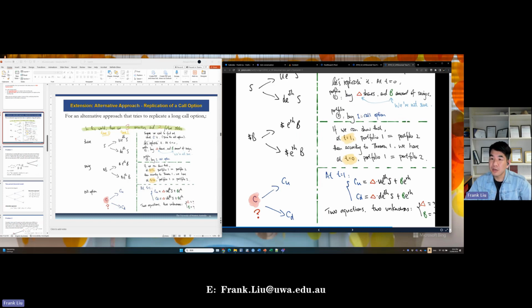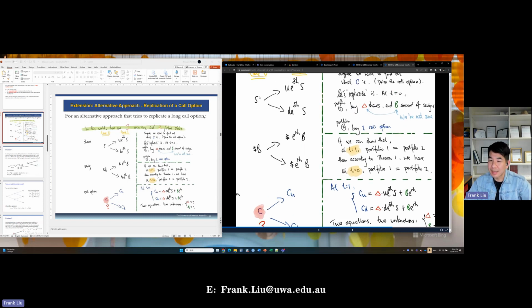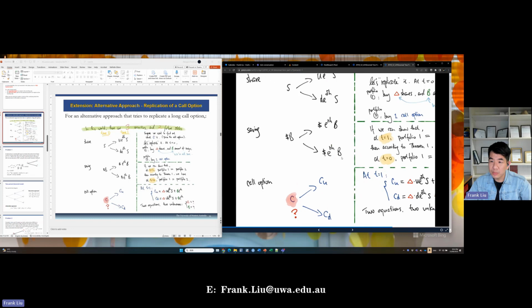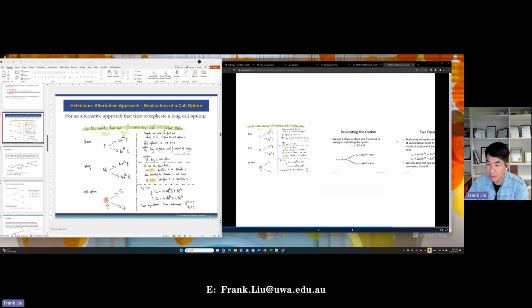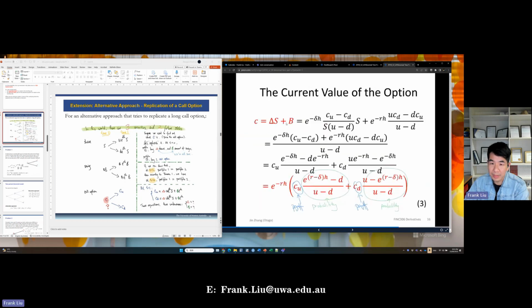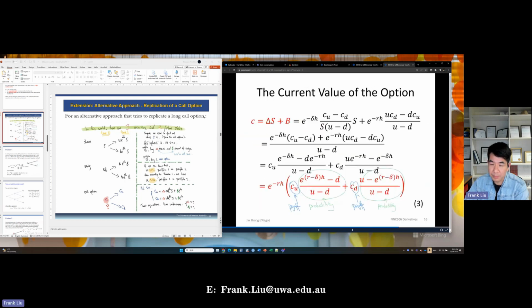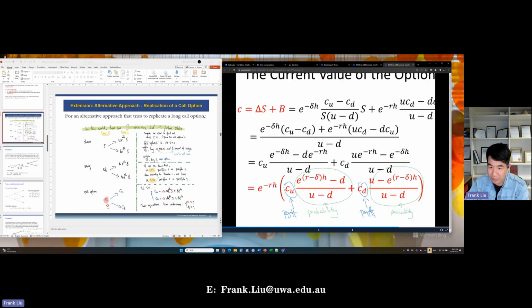All right. So now we know what the share price is at the start. And now we worked out what B is. We know what delta is. You just need to find out what C0 is, which is delta times S plus B, right? So that's what we're trying to have. C equals delta S plus B. And through some algebra, we arrive at the same formula as the one that we saw in the lecture notes, except that we just don't have the delta here, right?